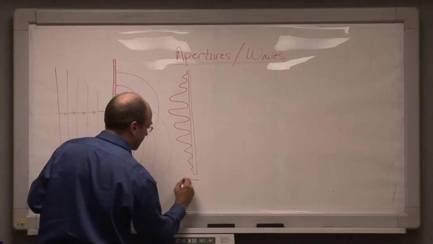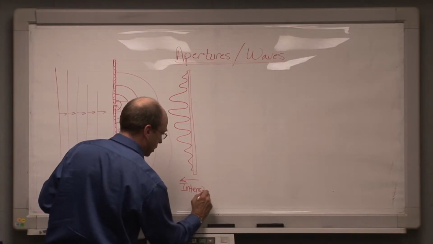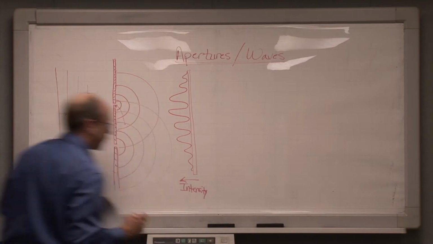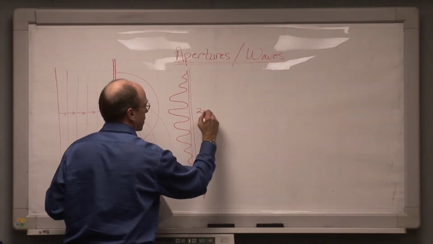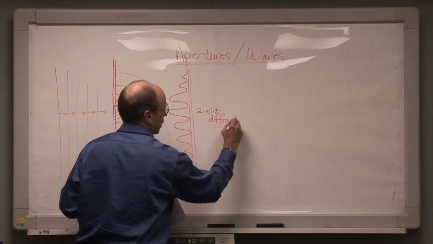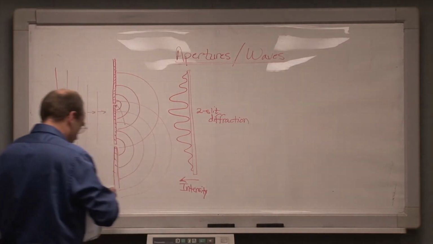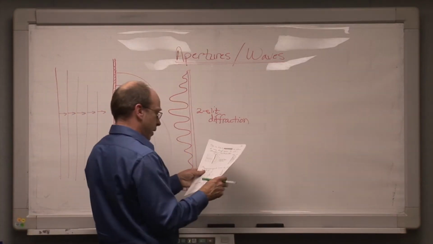Where I'm plotting on this axis the intensity of the radiation that's falling on the screen from the two slits, and of course this is a two-slit diffraction pattern. Two-slit diffraction. Again, nothing you don't know or haven't seen here, I will assume. Now.